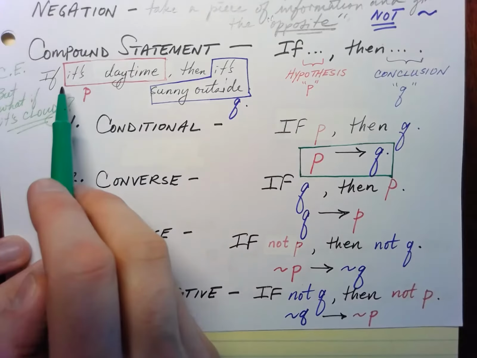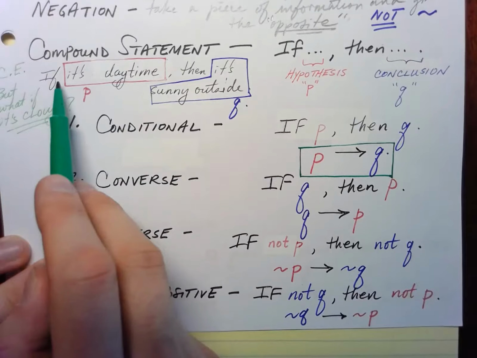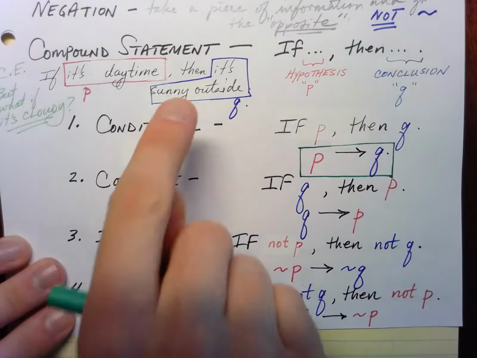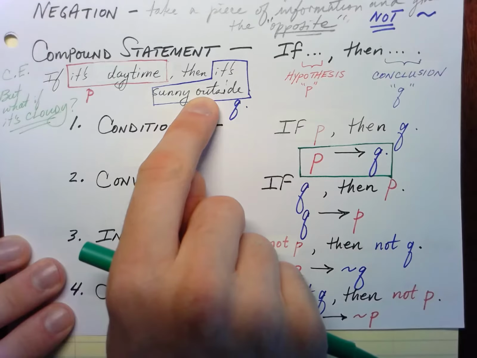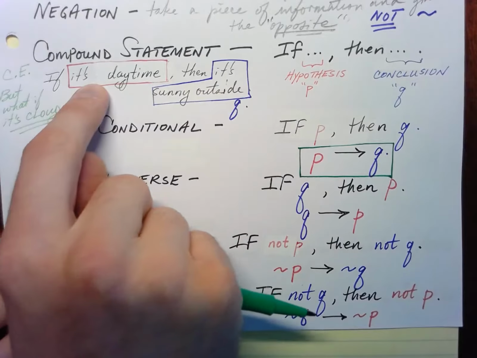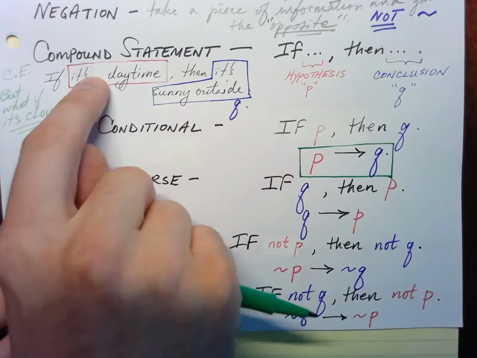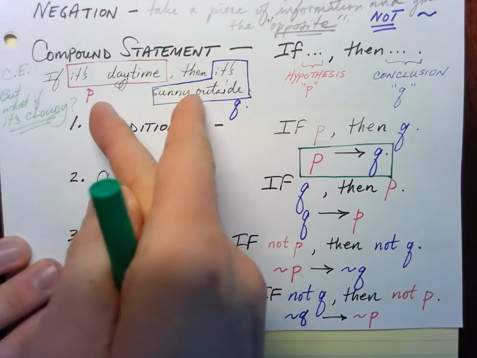So going back to my statement right here, if this is the conditional, then the converse would be if it's sunny outside, then it's daytime. So what I did here, I just took these and I reversed them.